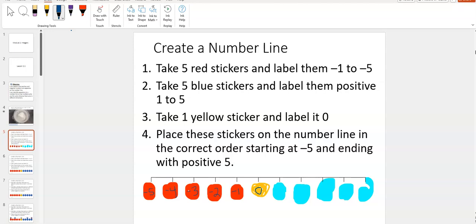We go -1 to the left of 0. And then we make our way to -5. On the right of 0, we're going to start with +1 and make our way to +5. So if you have not done this, go ahead and pause really quickly and fill in your circles and colors and make your number line nicely color-coded.